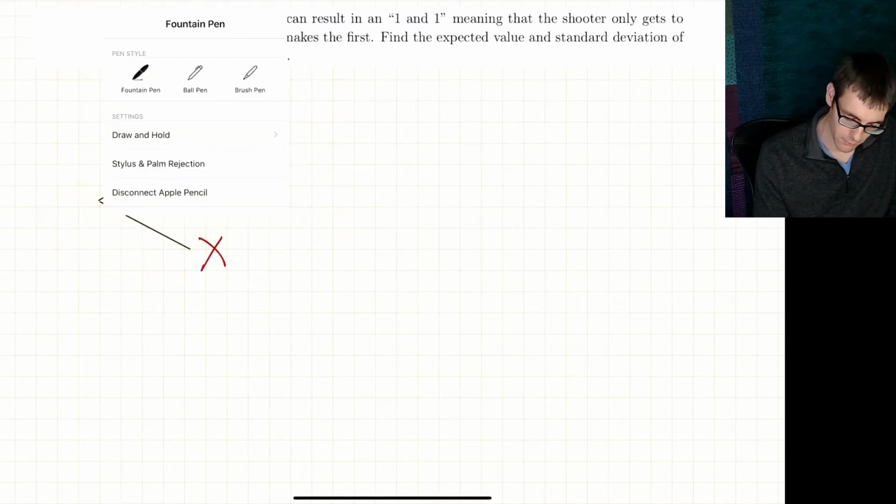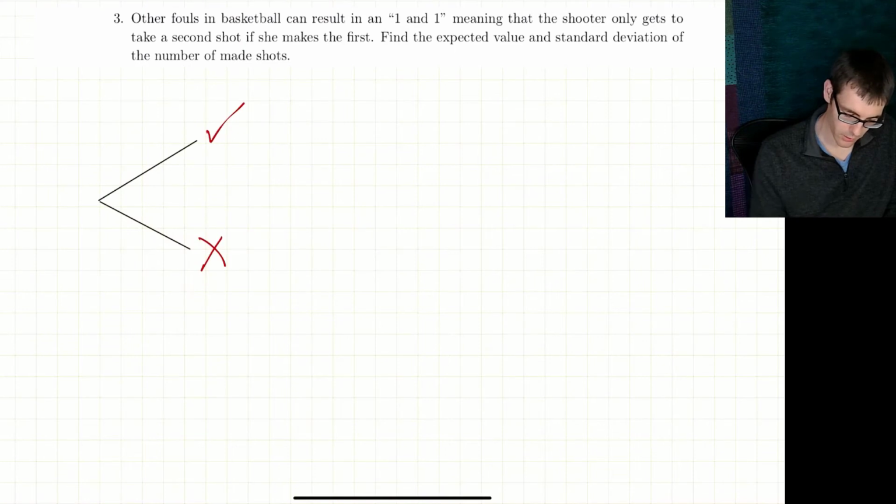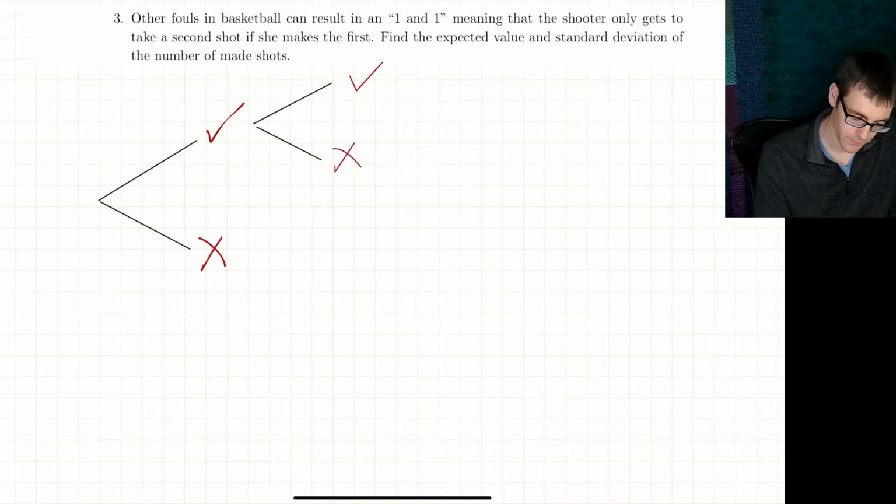But if you miss the first one, as in if you're down here, then we're done. If you make the first one, well, then you get a second shot, and that one can also be a make or a miss.